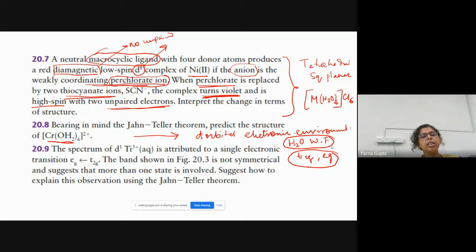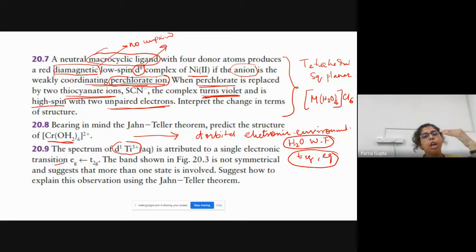It is a very easy question, and it comes in many of the NET exams or everything: the d1 system, Ti3+, is attributed to a single electronic transition. Someone has asked me what the t2g difference is due to this bonding aspect.